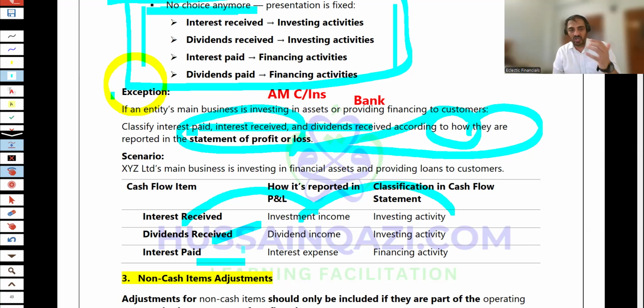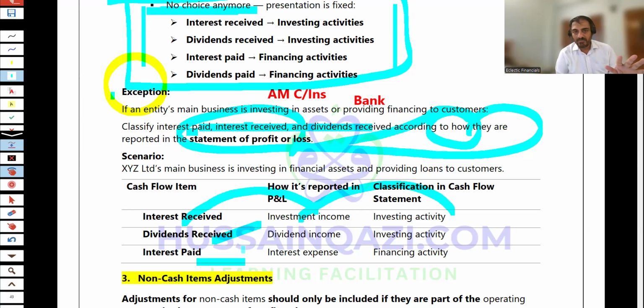For a bank, it's possible the interest received is investment income or operating income as well. If it's about customer matters, that's something different, but don't get involved in much complication.